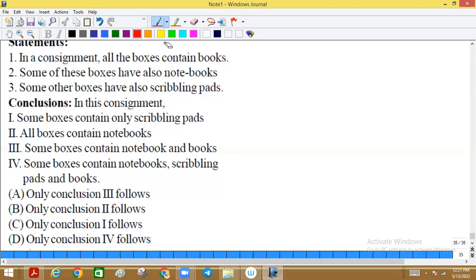Some of these boxes also have notebooks. Some other boxes have scribbling pads. What is the answer? Hmm. No, why are you not that confident?